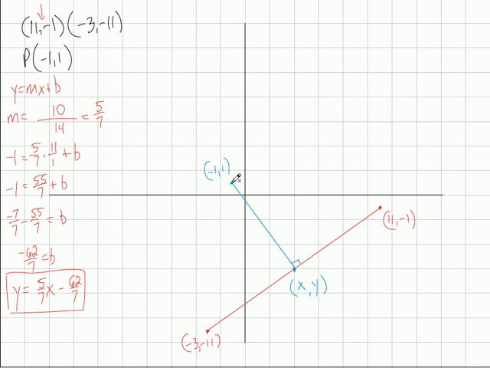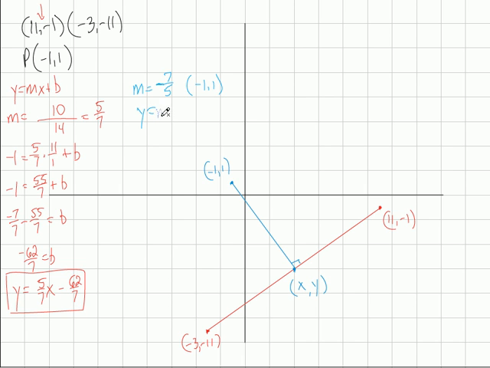No. Let's do the equation of the blue line now. Now, we're going to use the red line. We found the slope of the red one is 5/7. So what's the slope of the blue one going to be? Negative 7/5, right? It's the negative reciprocal. And we know a point on the blue line, and it's negative 1, 1. So now we're going to find the equation of the blue line.